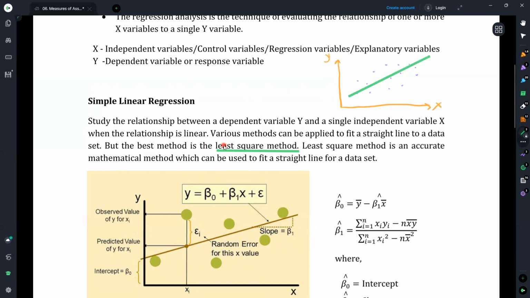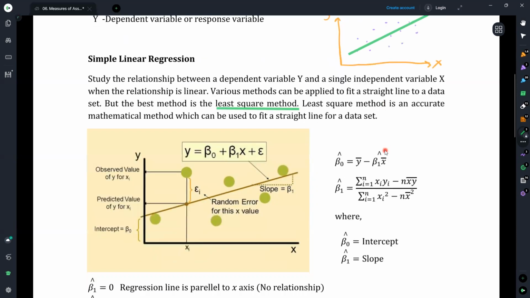But for your knowledge, it is called the least squares method. Therefore, to find the best fitting straight line for a set of data points like this, we use the technique called the least squares method. This can be considered a much more accurate method for fitting the best fitting line.